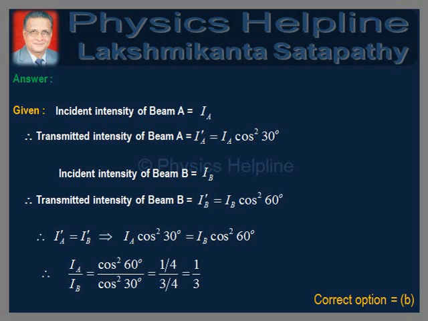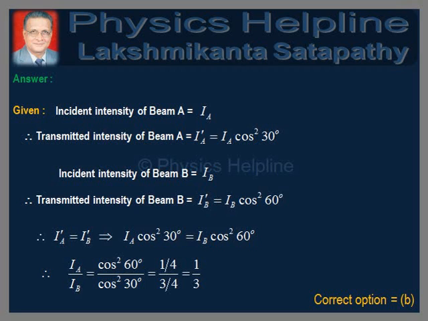Now, the incident intensity of beam A is equal to IA. Therefore, the intensity transmitted is IA dash equal to IA cos square 30, and the incident intensity of beam B is equal to IB.